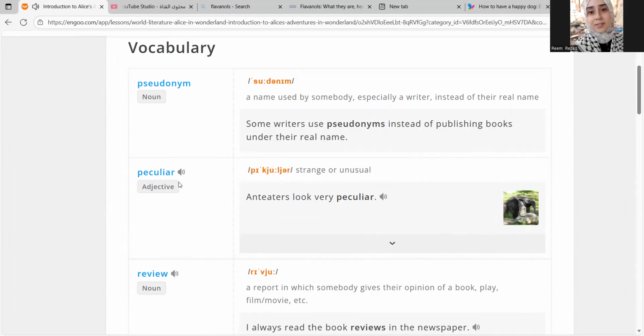Peculiar. If you notice, we have stress in peculiar. So here, pe is one syllable, هنا هذا مقطع, and then this is the second syllable. Do we have two syllables here? Because we separate by stress. Peculiar.